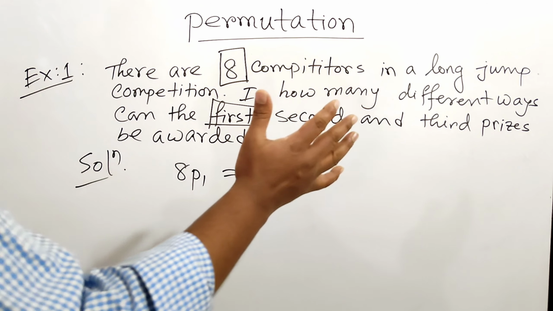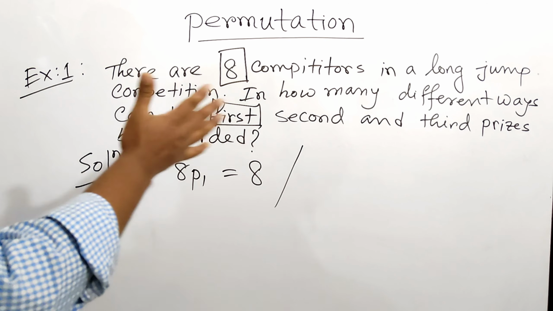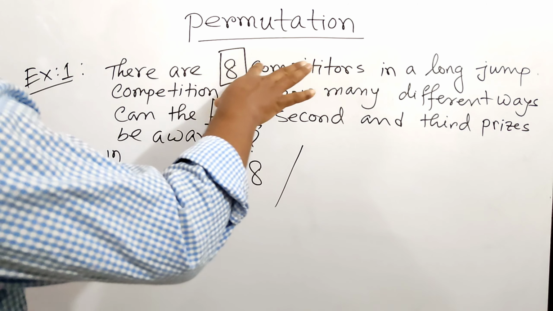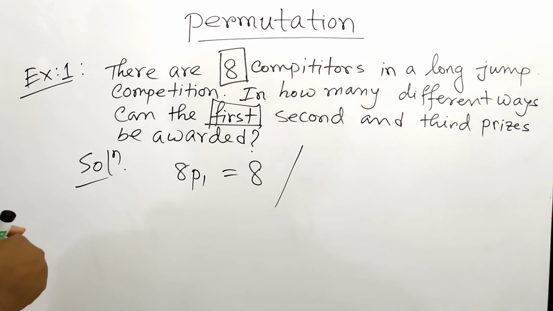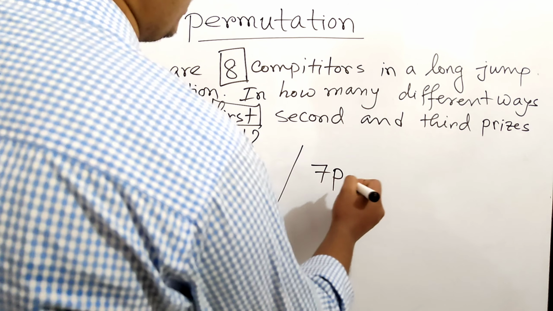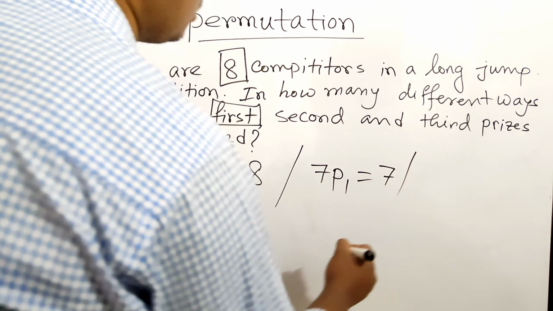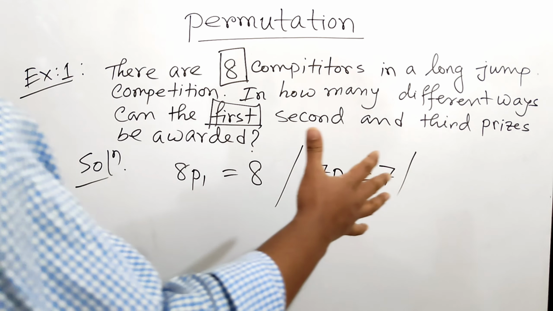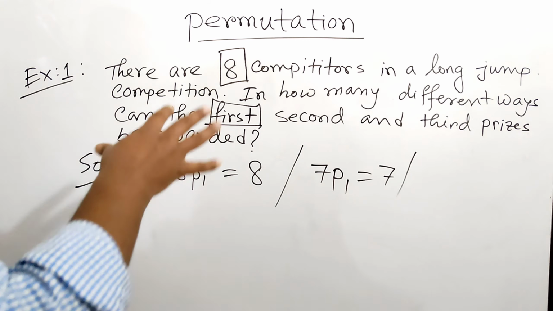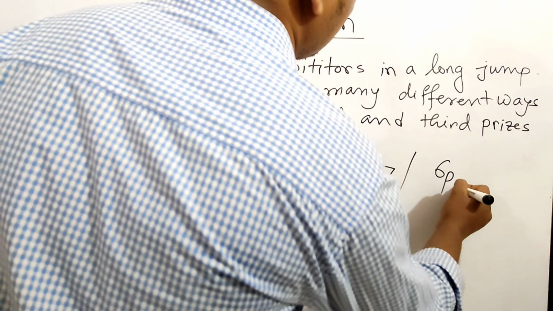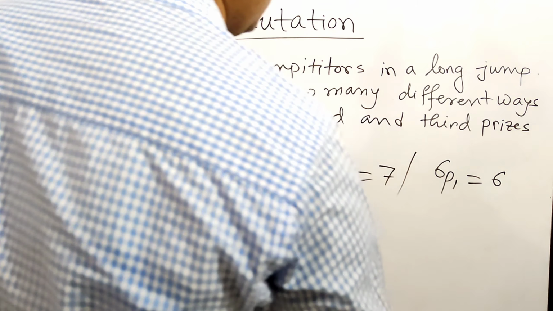We already selected the first person, so how many persons remain out of 8 competitors? That is 7. So for the second prize you can give the prize in 7P1 ways, that is 7. Now the third prize. We already selected 2 competitors from the 8, so the remaining is 6, that is 6P1, that is 6 ways.